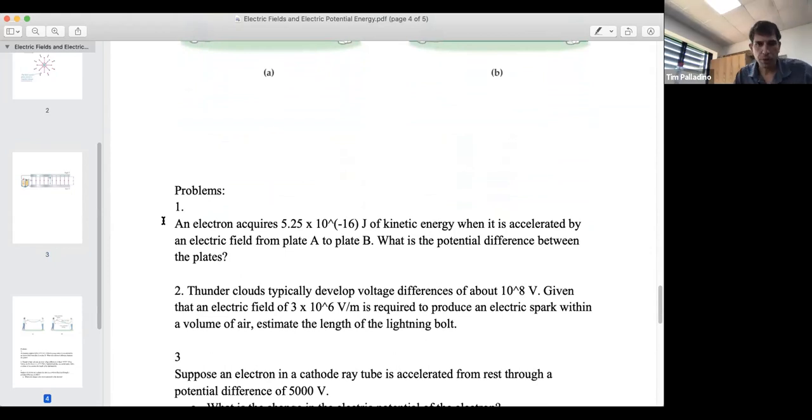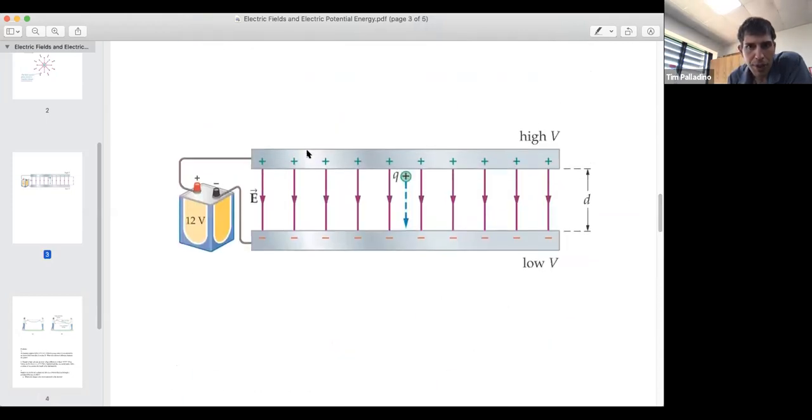All right, so if we look at number one, it says an electron acquires 5.25 times 10 to the negative 16 joules of kinetic energy when it is accelerated by an electric field from plate A to plate B. From this diagram, these are just called plates sometimes, just for terminology.